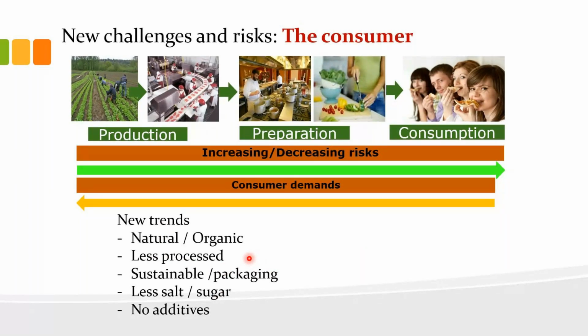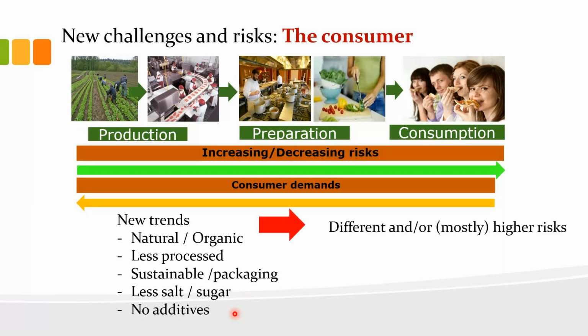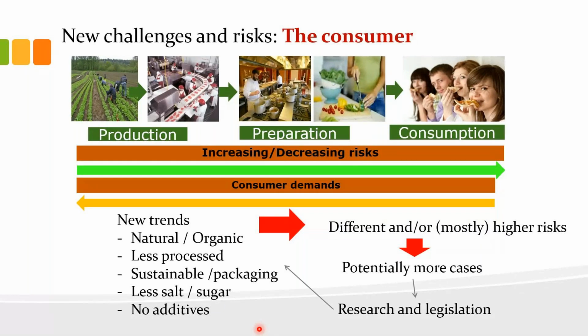Sustainability and packaging, less salt and less sugar will also increase the risk. No additives also will increase the risk. So all these factors can increase the risk, and more potential cases can happen. That's why we need more research and legislation for these factors.